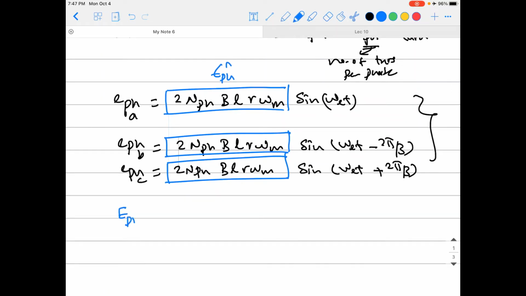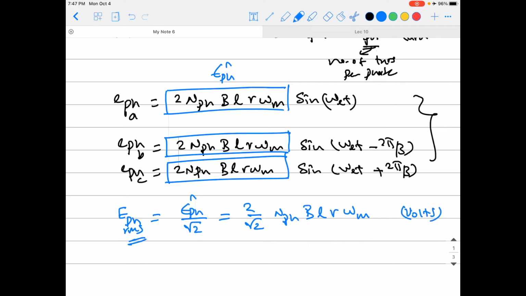So E phase RMS will equal, like for any sinusoidal value, the magnitude over square root of 2. That means 2 over square root of 2 times N phase B L R omega m, and that's obviously in volts because that is induced voltage.